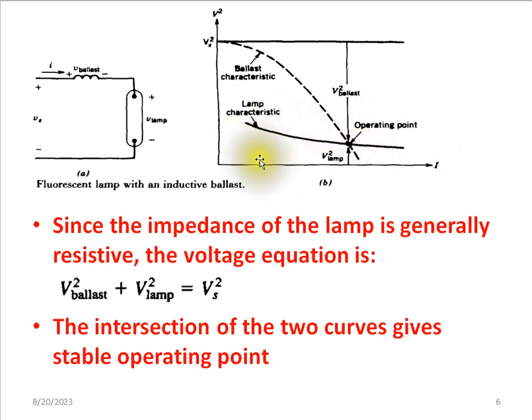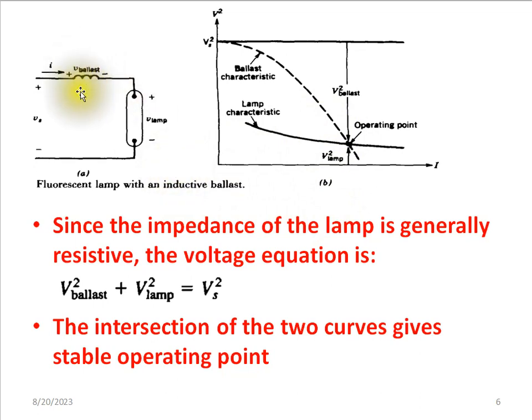As you can see, when the current is increasing, the voltage is coming down, and that is what we mean by negative resistance characteristic. So we now insert our ballast, which has a characteristic like this, and at the intersection, that is where the operating point is reached, and the fluorescent lamp will now be operating just like any other lamp with positive resistance, not negative.